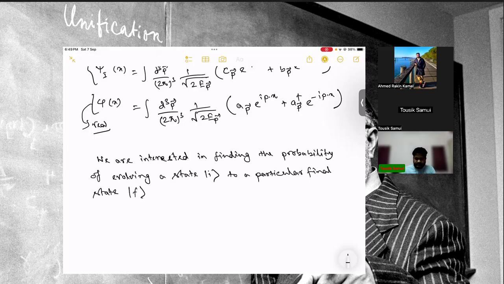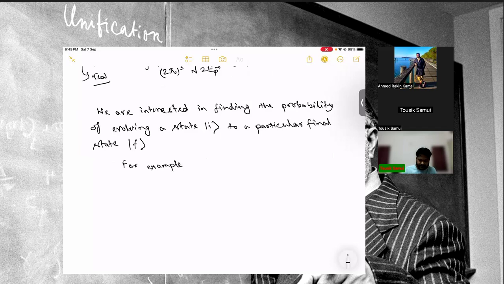Okay. So meaning that, for example, in this interacting theory, let us say we are interested in psi field evolving to psi field. This is the initial state, and this is the final state.